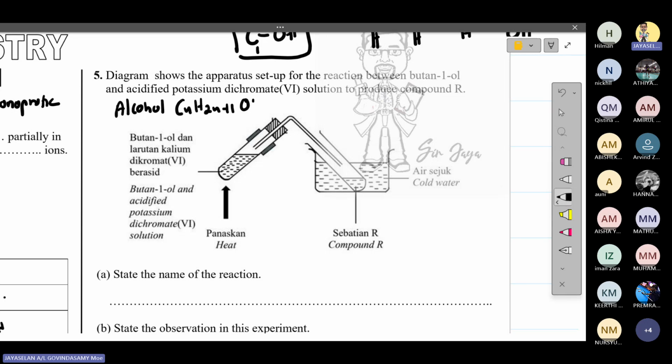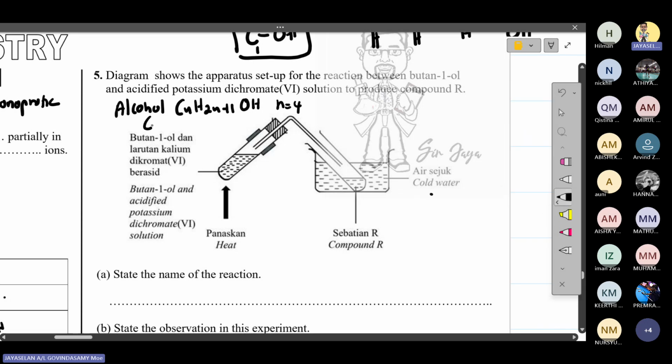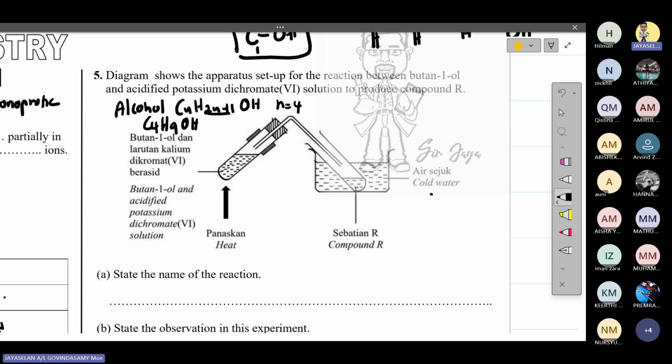CnH2n plus 1 OH. Apply berapa? n4. Once you apply n4, you dapat butanol. Formula butanol is C4, H 8 tambah 1, 9, OH. Reacted with acidified potassium dichromate(VI). State the name of the reaction. This is oxidation of alcohol. Once you nampak ni, jangan bazirkan markah kamu. Just put oxidation, take 1 mark.